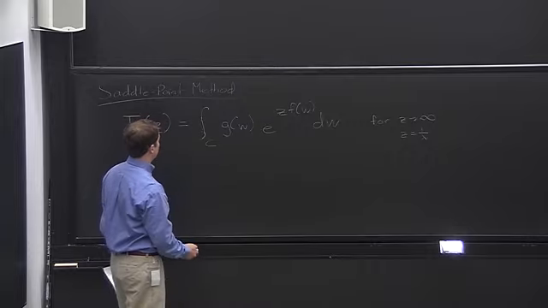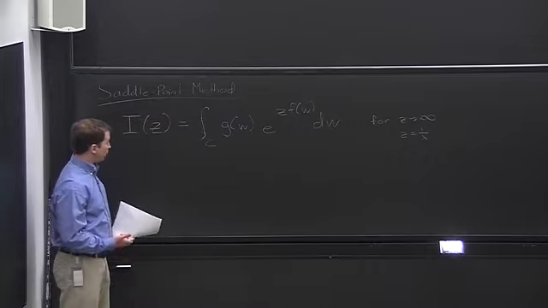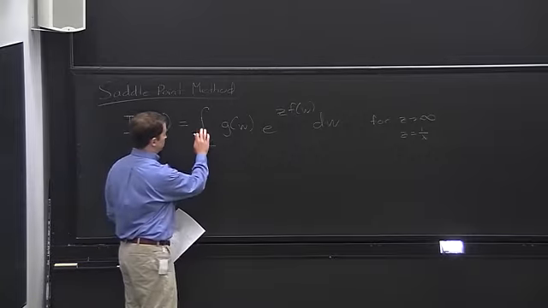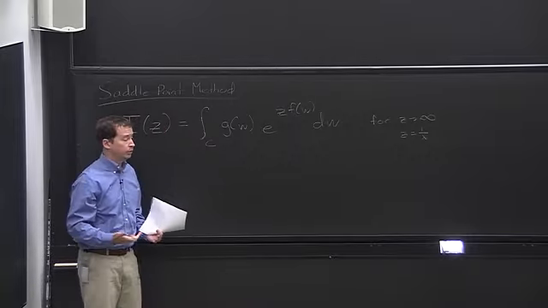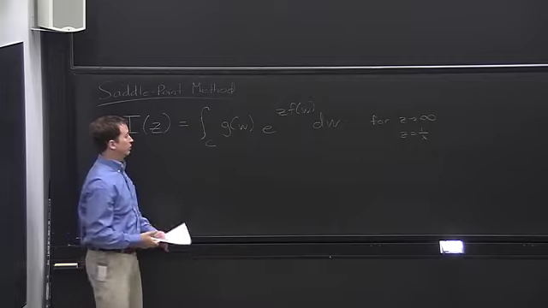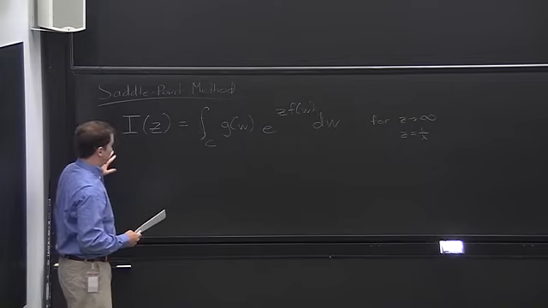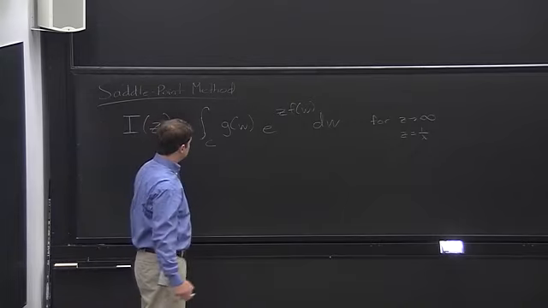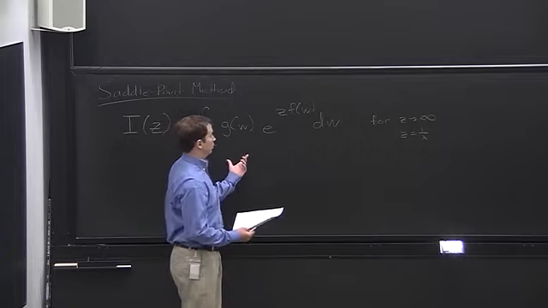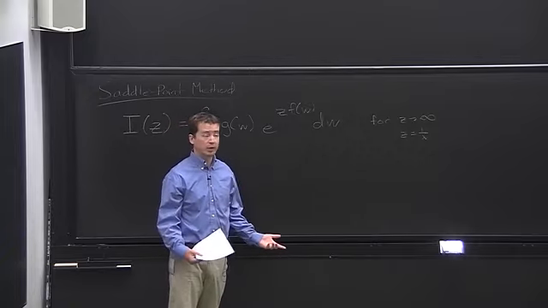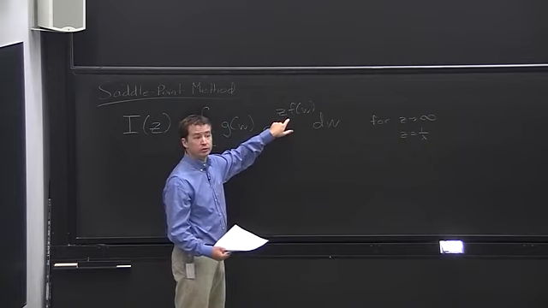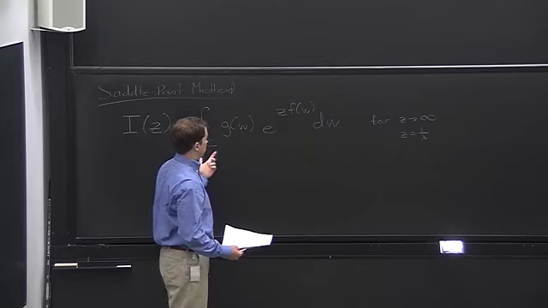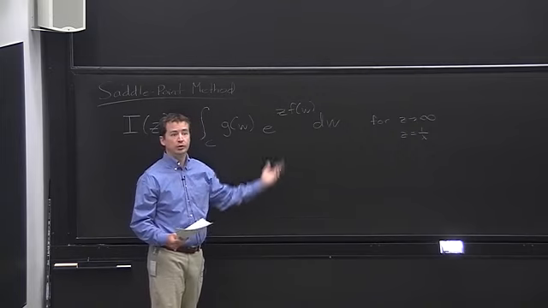So we'll start out by assuming that our integral is some complex integral, not necessarily over a closed contour, but some integral in the complex plane, and it applies to the special case where it's a real integral as well. So this is the integral we want to approximate. And in QFT, we're often working in Minkowski space where there'll be an i in the exponent, so things are complex. In general, we do need to consider the complex case.